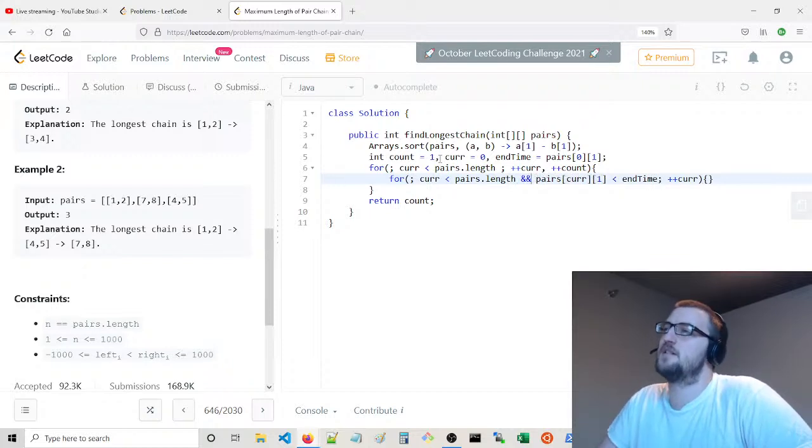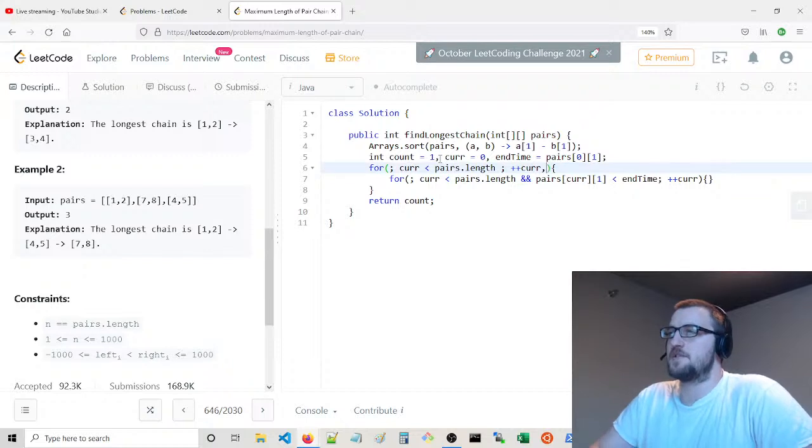Same thing. As long as current is less than pairs.length, and this pair is then, you can increment current. It's actually the other way around. That's kind of confusing.